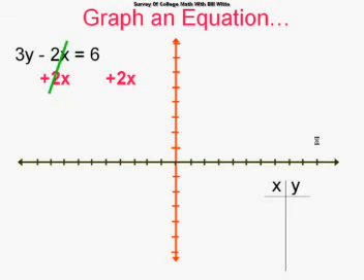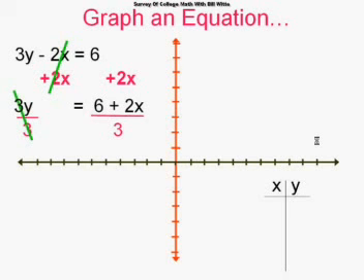He'll go away, and let's see, I'll get 3y equals 6 plus 2x. Can't add those. Now I got to get rid of the 3. He's multiplying, so I divide both sides, the opposite, by 3. And he'll go away, and finally I'll have y by itself. Y will equal 2 plus 2/3 x, or 2x over 3.